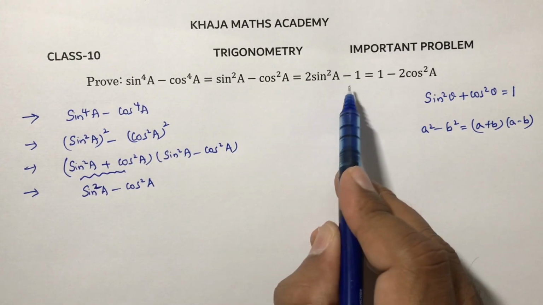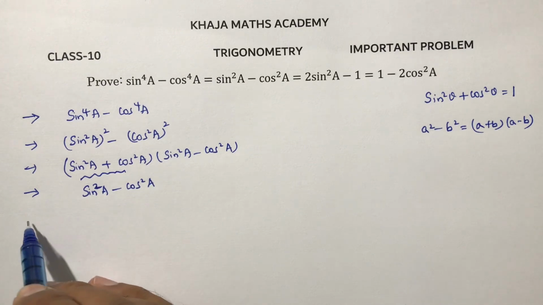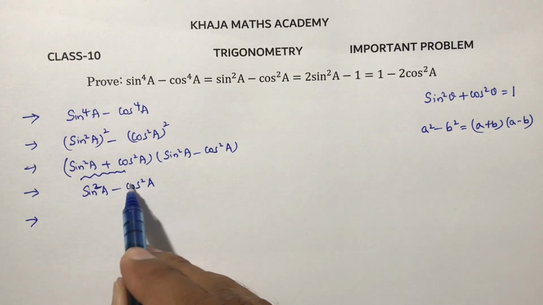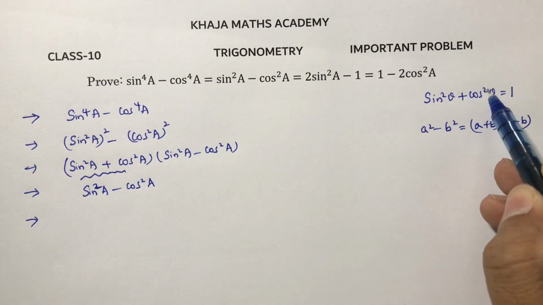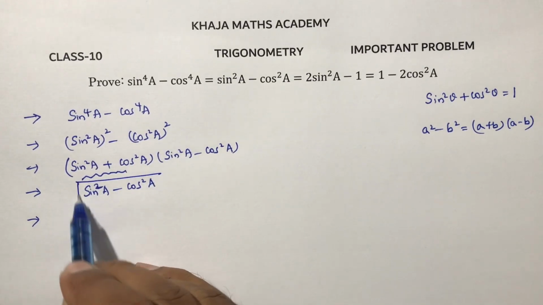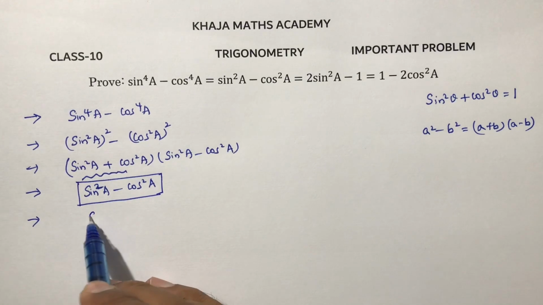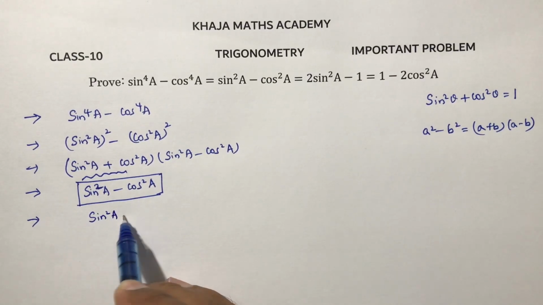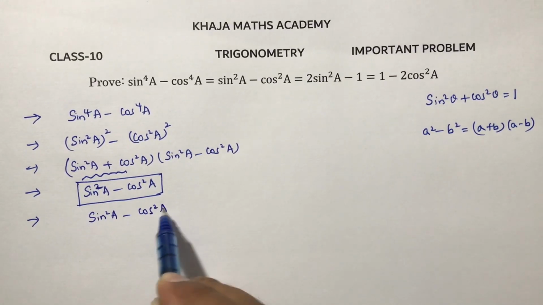Now you need to get it only in terms of sin. So here you want only sin. This cos square, you can write as 1 minus sin square. So this is the first answer, sin square a minus cos square a.